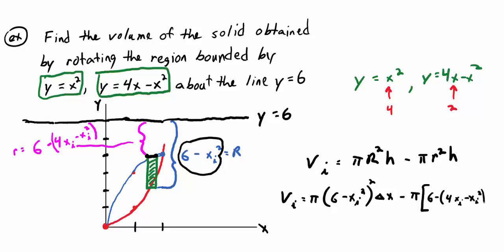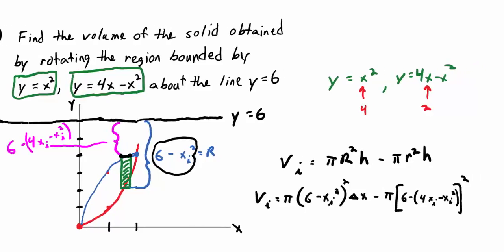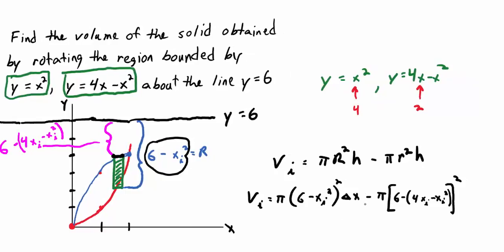And then we square that whole thing and multiply it times delta x. Just to be clear, this inside the parentheses is my capital R, and this inside the brackets is my lowercase r. Do you buy that?